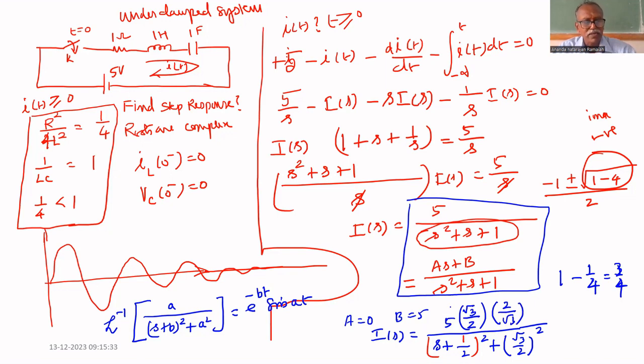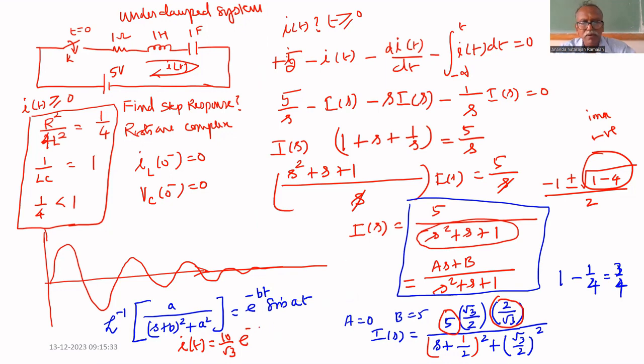So 5 and 2 by root 3 can be taken outside. The remaining thing is identical to that formula. That's why I of t equal to 10 divided by root 3 e power minus t by 2 sin root 3 by 2 t.